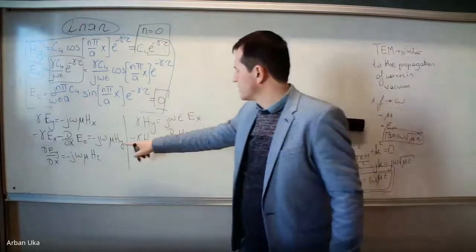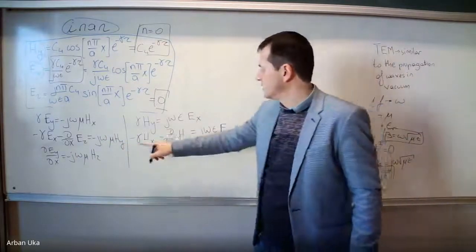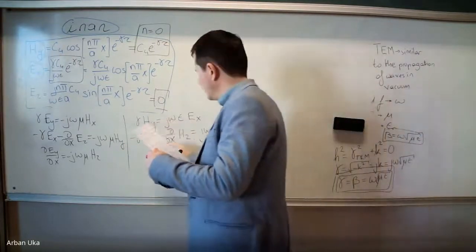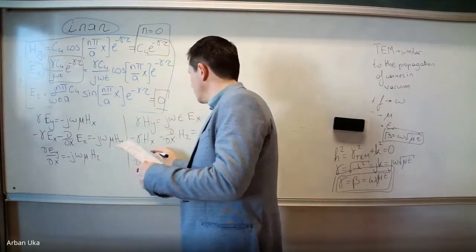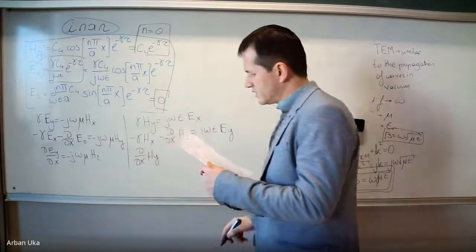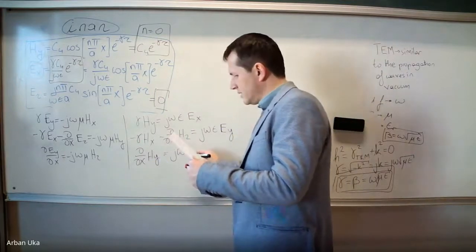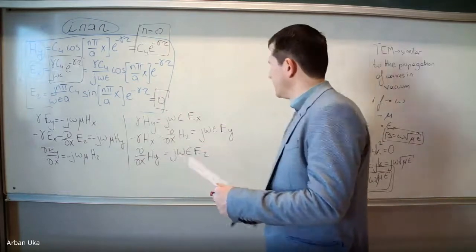The j becomes minus j, the permittivity is permeability, EY is HY. They are completely similar. So here we have the final expression, which is the derivative with respect to x of HY. This is equal to j omega permittivity EZ. Okay, good.